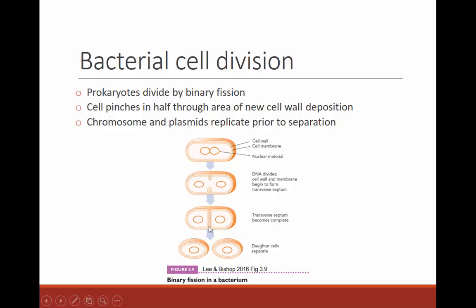And when it is complete, then those daughter cells separate if you're getting single cells. Okay? But you have to be aware that everything in the cytoplasm will replicate as well. So you get movement of everything that you need in the cell. And that septum actually comes down and kind of pinches them apart.